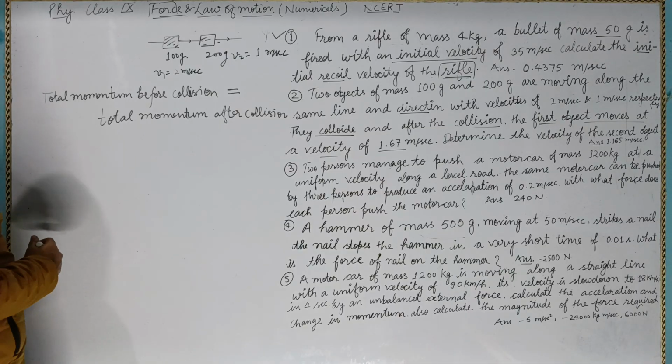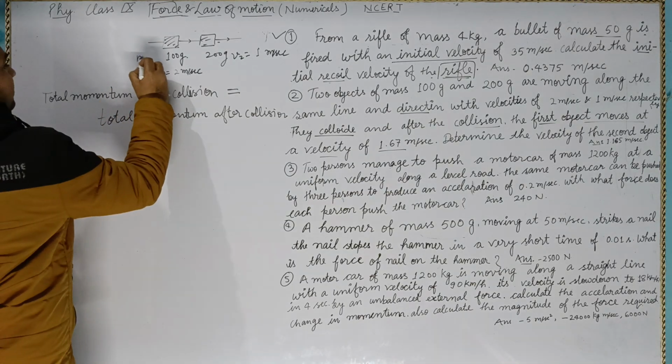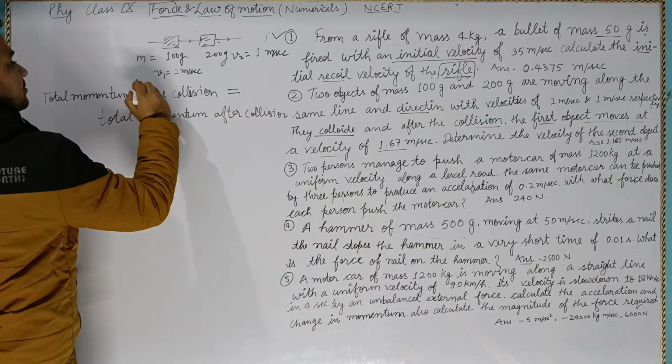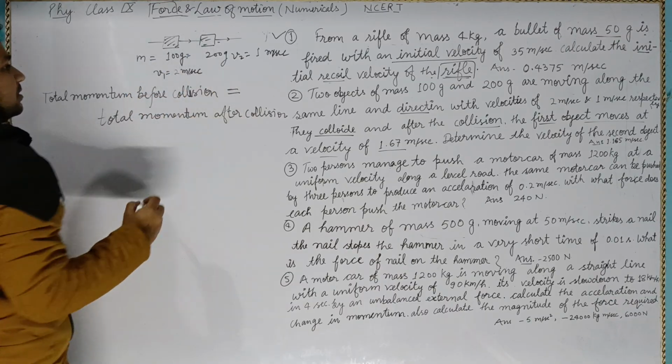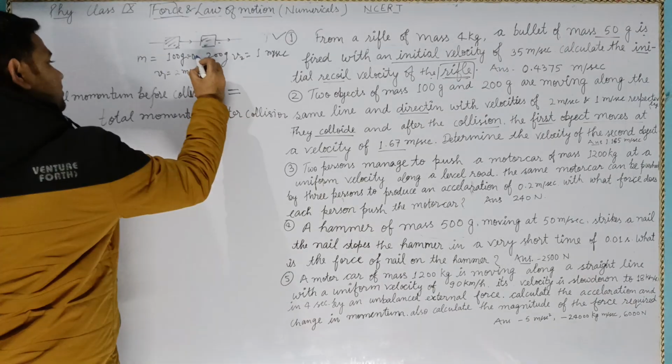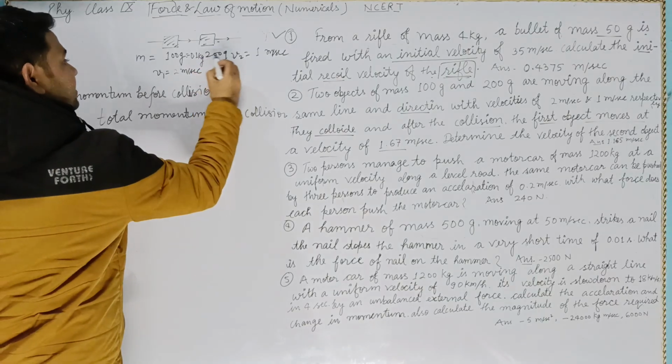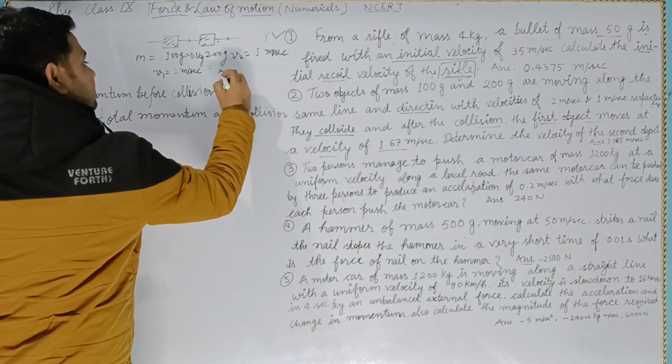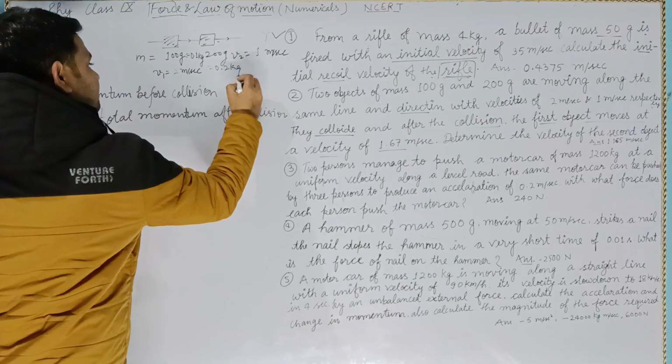Here m1 is equal to 100 gram. We convert it into kilogram, so it will be 0.1 kilogram, and m2 will be 0.2 kilogram.